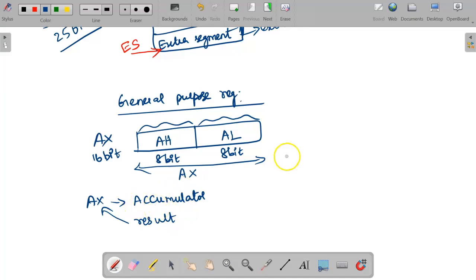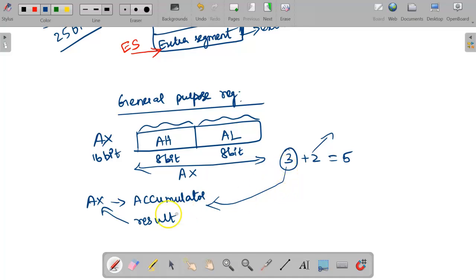For example, in an addition operation 3 plus 2 equals 5, one data most probably will be stored in the AX register. The other data may come from other registers, from a memory location, or from input output devices.